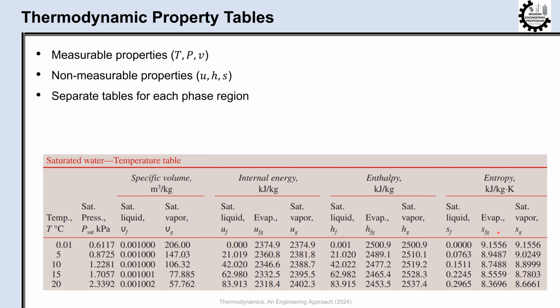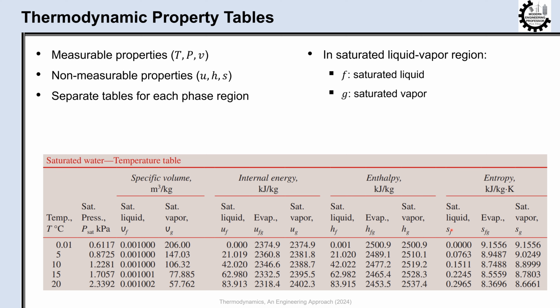In the saturated liquid vapor region, the subscript f indicates the properties of a saturated liquid, and the subscript g indicates the properties of saturated vapor. Additionally, subscript fg indicates the difference between the saturated vapor and saturated liquid values of the same property.